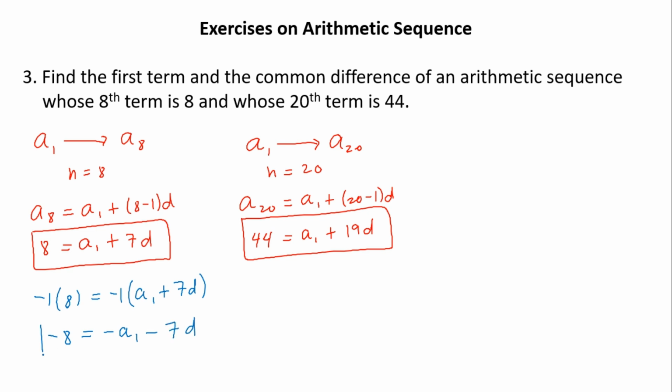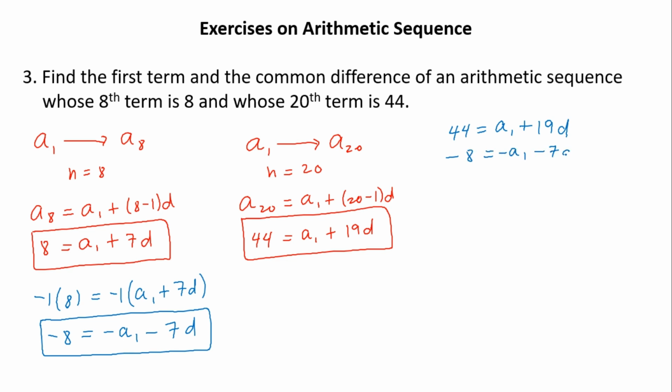Alright, so let us use this instead. So I'm going to write the equations here. So we have 44 equals a sub 1 plus 19d. And then this one, negative 8 equals negative a sub 1 minus 7d.